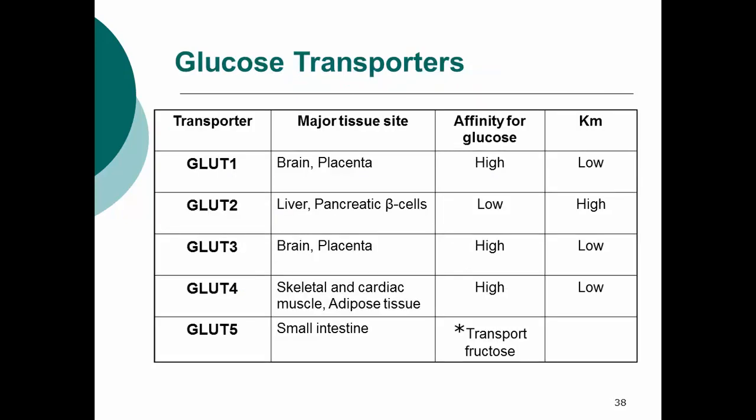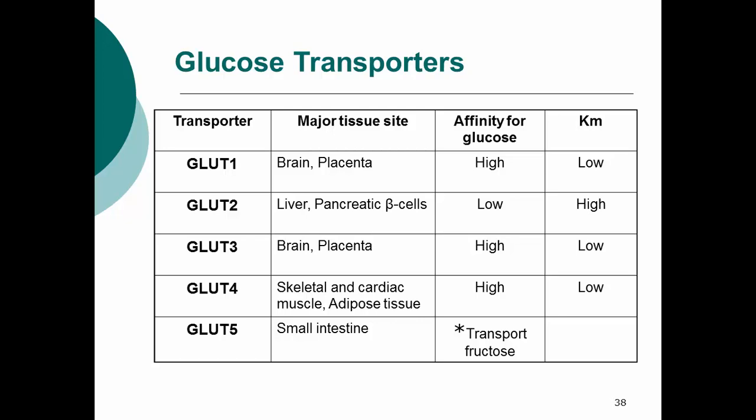So transporters, we mentioned 5 different transporters, right? You probably want to keep in mind GLUT1, GLUT2, but I would like you guys to focus on GLUT2, GLUT4, GLUT5, right?